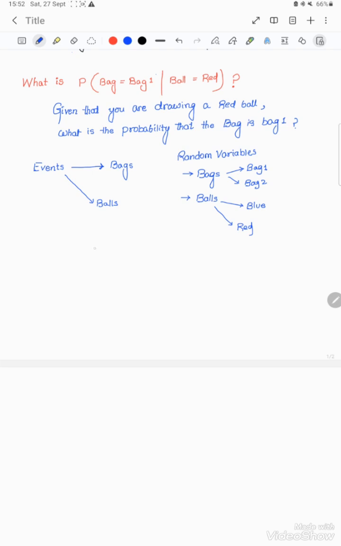So now let's draw a Venn diagram. So this is basically two different events. First one is bags equal to bag 1, second one is balls equal to red.